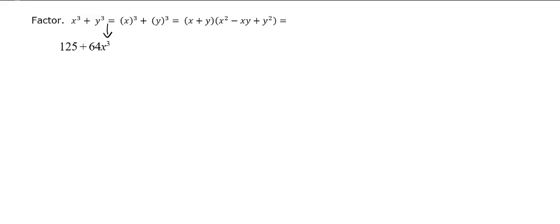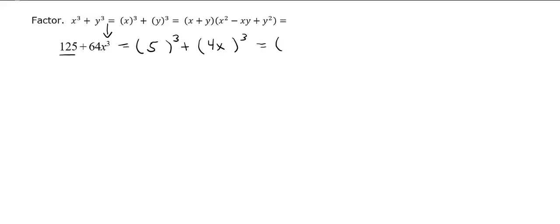So now, since nothing divides into 125 and 64x to the third, we determine what cubed gives us each one of these. So 5 to the third power gives us 125, and 4x to the third power gives us 64x to the third.